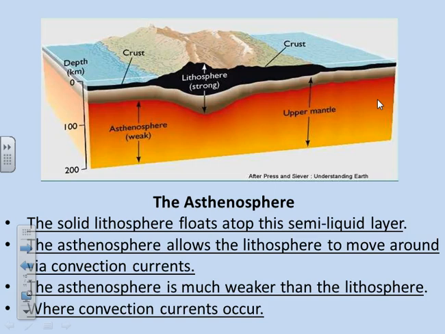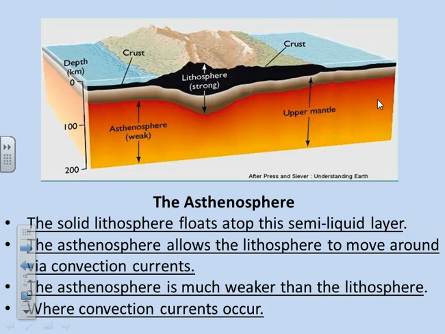So remember how we talked about convection currents in the mantle? Those convection currents actually take place in the asthenosphere. So the asthenosphere allows the lithosphere to move around via convection currents. Remember that the lithosphere is the crust and that top portion of the mantle.